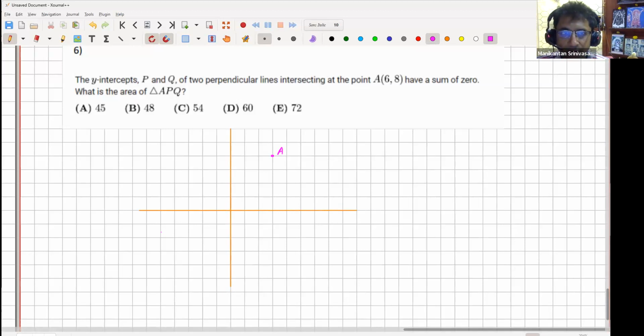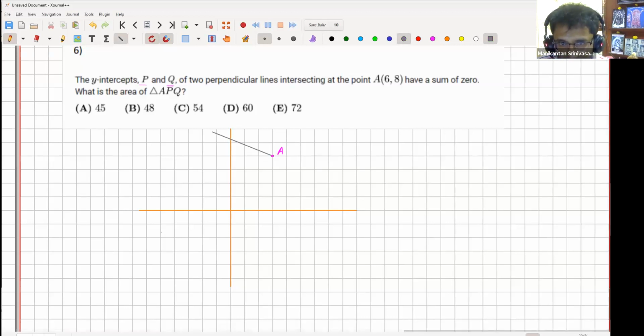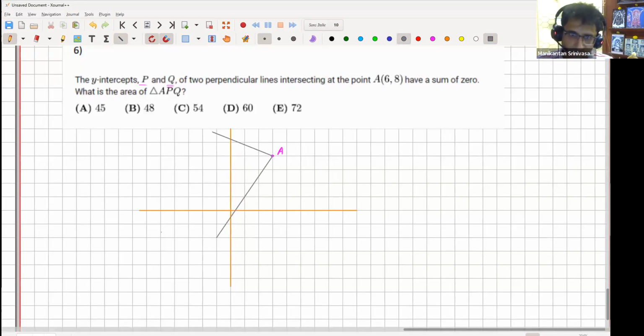The y-intercepts P and Q of 2 perpendicular lines have a sum of 0. So first I'll draw some random perpendicular lines. Let's say I'm able to draw a line like this, and a line like this, which are perpendicular. Just roughly I'm drawing.